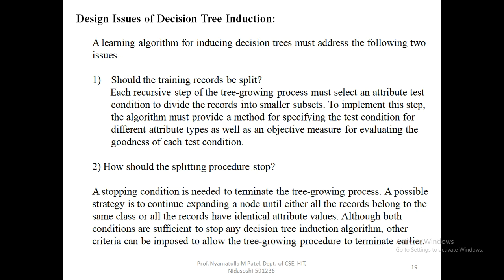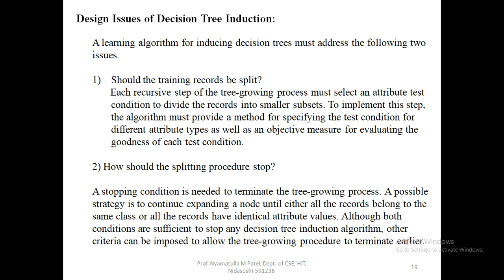If I go on splitting the training records, the tree will keep increasing in size. So, the tree has to stop at some point and come to the leaf node that will tell me exactly which class it belongs to. So, a stopping condition is needed to terminate the growing process.